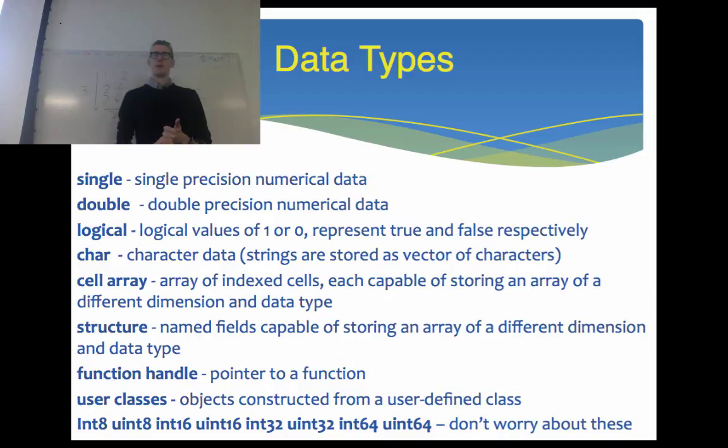Char, we've just seen when I defined that string that contained the word test. That's a list of characters. Be aware that MATLAB thinks of words as sort of lists of letters, and we're going to see some more examples of that too. Cell array is a very useful data type which allows you to store lots of different data that may have lots of different types or lots of different dimensions, all in one format.